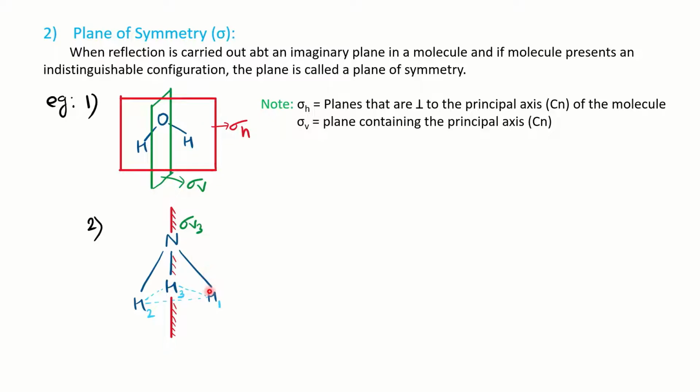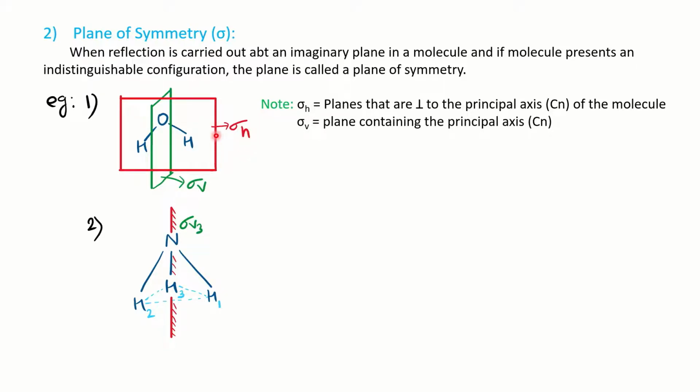Now you can notice ammonia. Here in the water molecule, if you see, this is a bent molecule. So you just make a note whether you are able to see this sigma h there or not. You have to find out. Sigma h or molecular planes are normally for molecules which are planar.